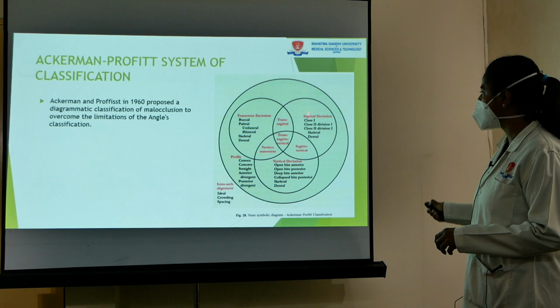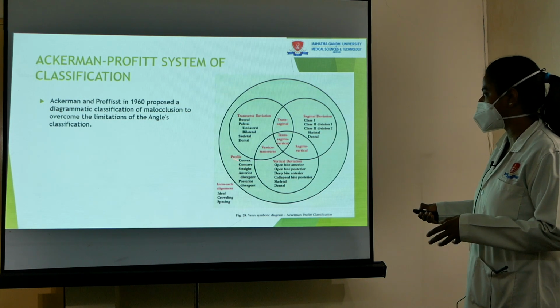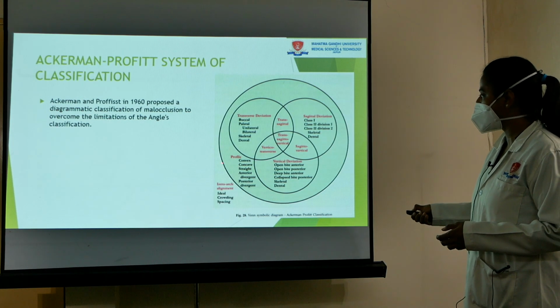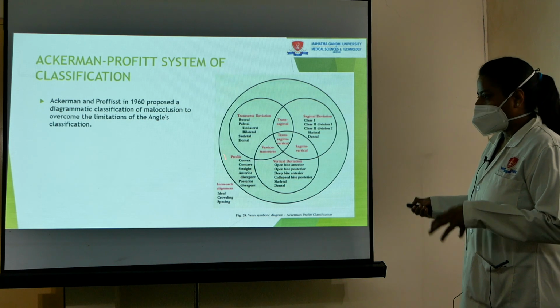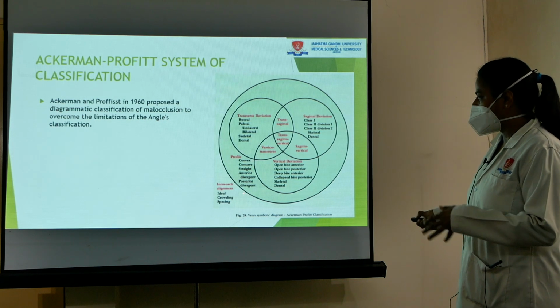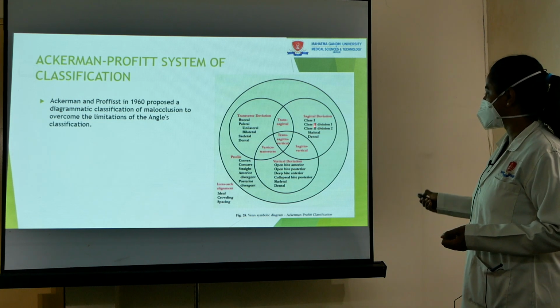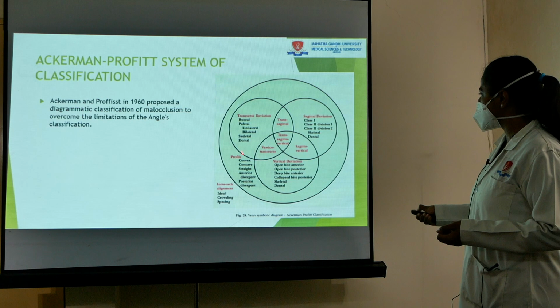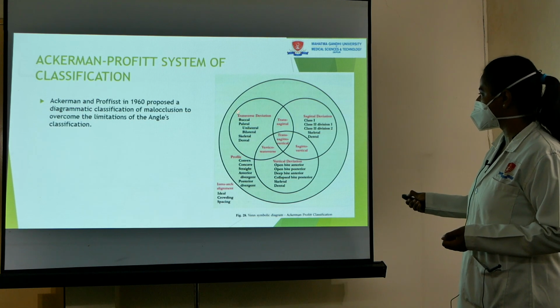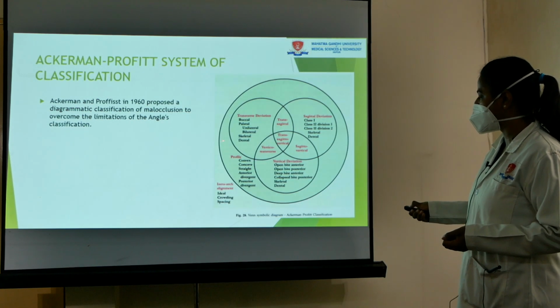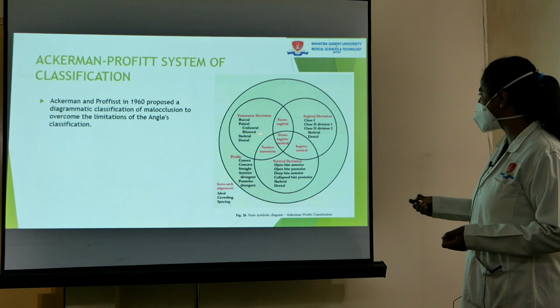The second circle shows the profile, whether patient is having the convex profile, concave profile, straight profile, or patient is having the anterior divergent or posterior divergent, like in the case of skeletal class 3 or class 2 malocclusion. And the third, in which the three circles are there. First circle shows the transverse deviation in the buccal or in the palatal side, it will create the scissor bite or cross bite.